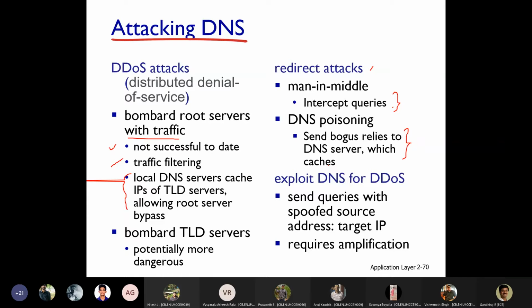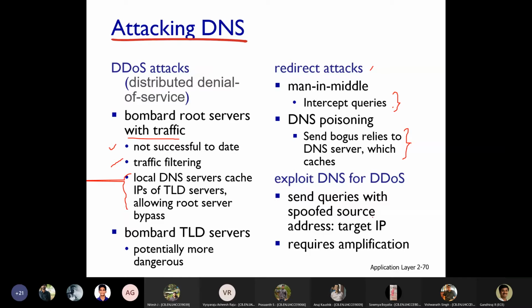For learning purposes, we can test how to do that. But normally there are some filters available in the servers. The server will check the authority of the source from where the request comes. It is exploiting the DNS for DDoS.